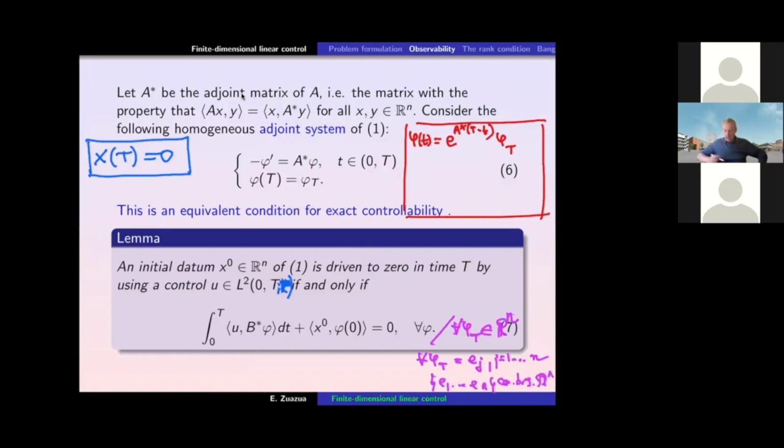You see that, although it looks like this variational identity is constrained by many phi's, actually in this identity there are just n equations. So this is just a way of writing the same controllability condition as for the original system, writing it in this duality manner using the adjoint as test function, the same as you do in the theory of distributions.